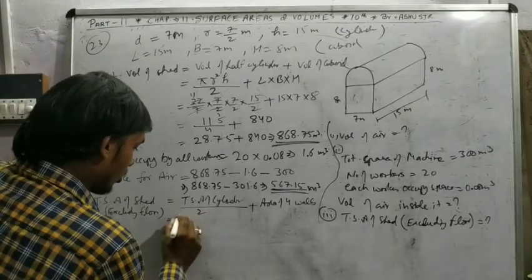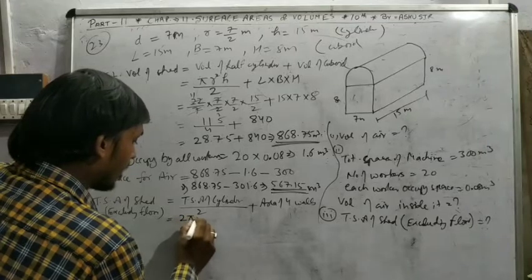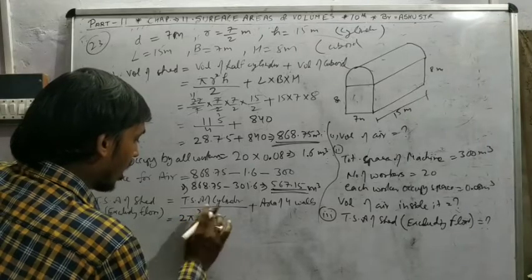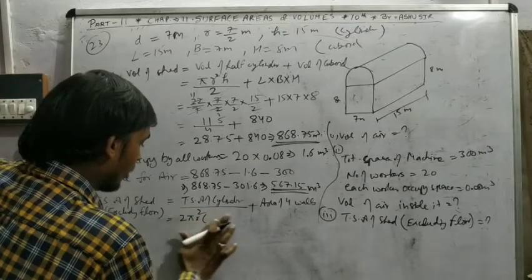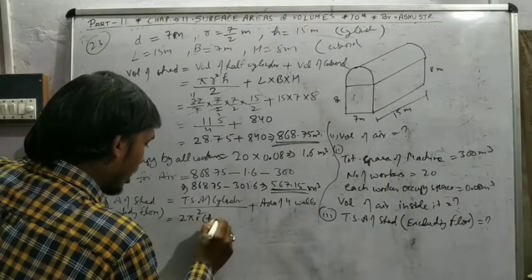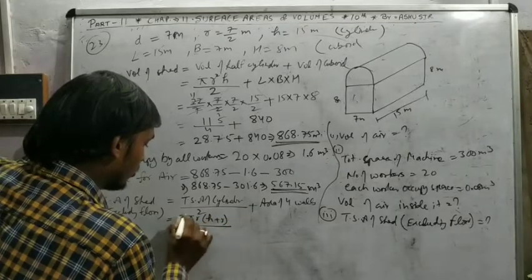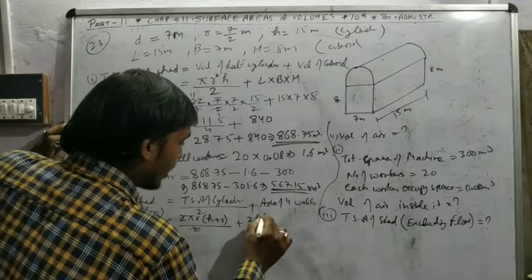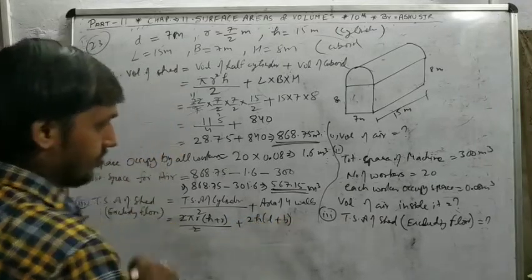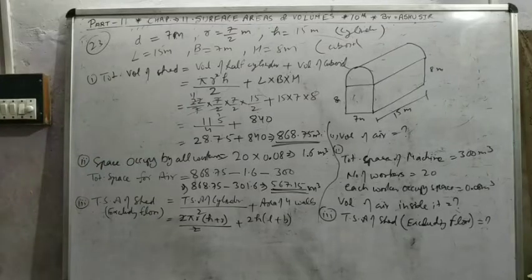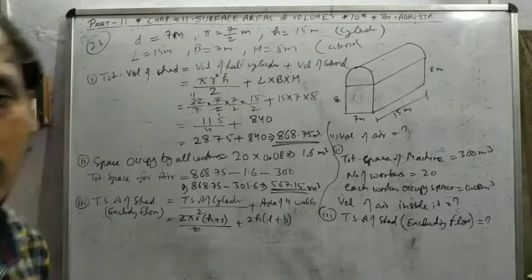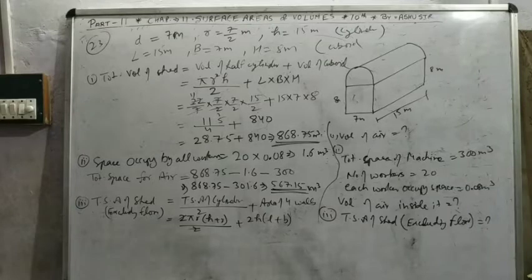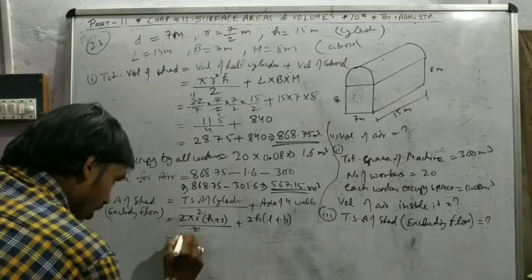So 2 pi r bracket r plus h, by 2, plus 2h bracket l plus b. You are able to see here, yes, we can write it in 1 or 2 lines.